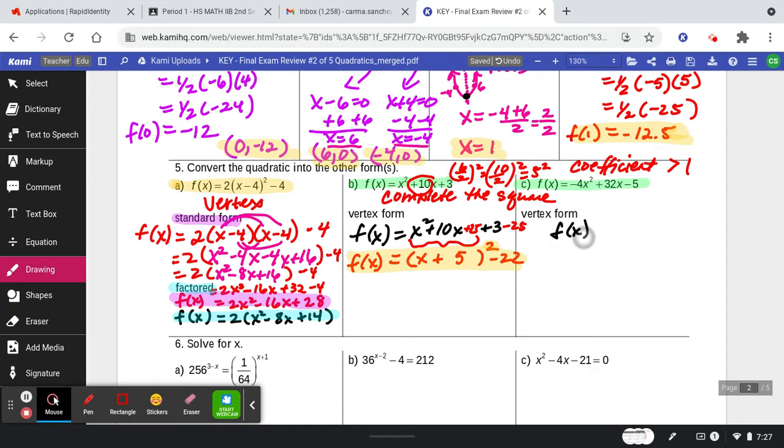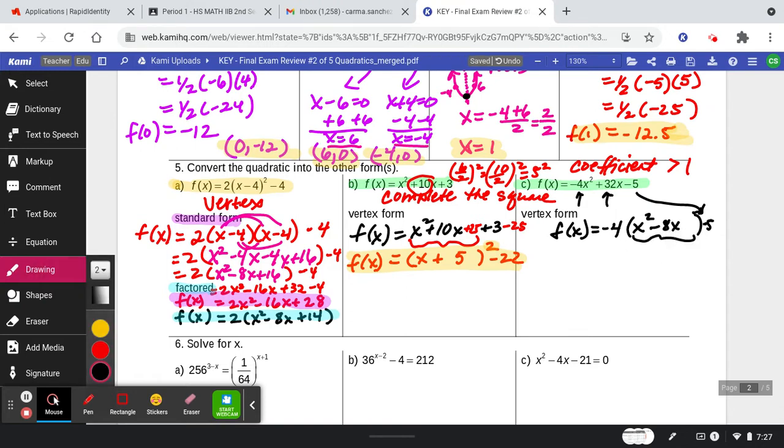Okay, doing vertex form of the next one. This time, I've got that coefficient of -4 that's got to get out of there before I can complete the square. So I divide out a -4, I'm left with x squared. Divide out a -4, I'm left with -8x. And then we're just going to leave space and subtract 5 off the back. So now I can complete this square right here.